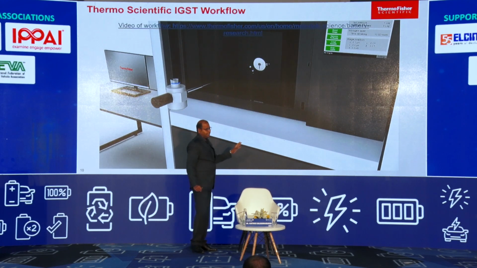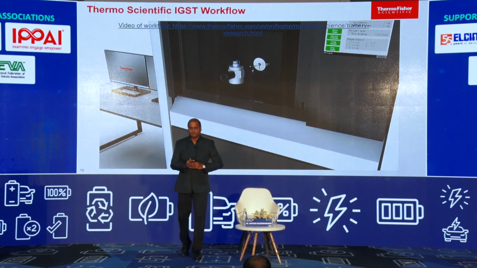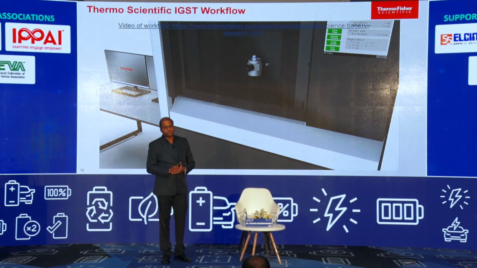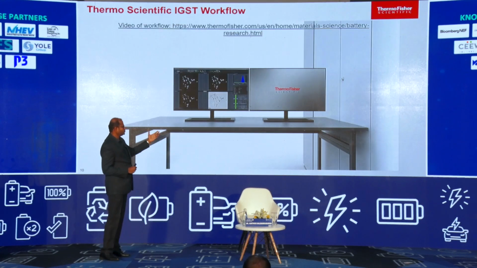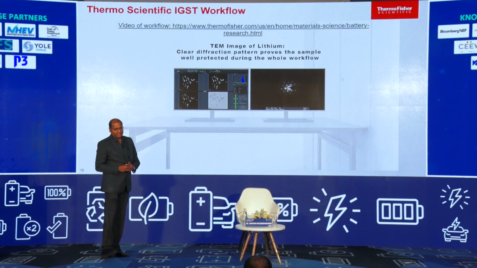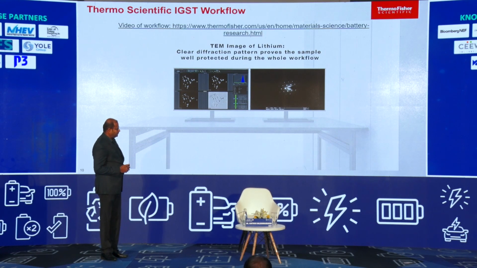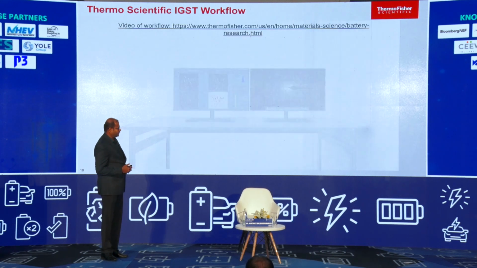So this TEM helps you to understand the composition as well as the structural properties of your sample. This video shows how you can analyze the sample of lithium under a transmission electron microscope.